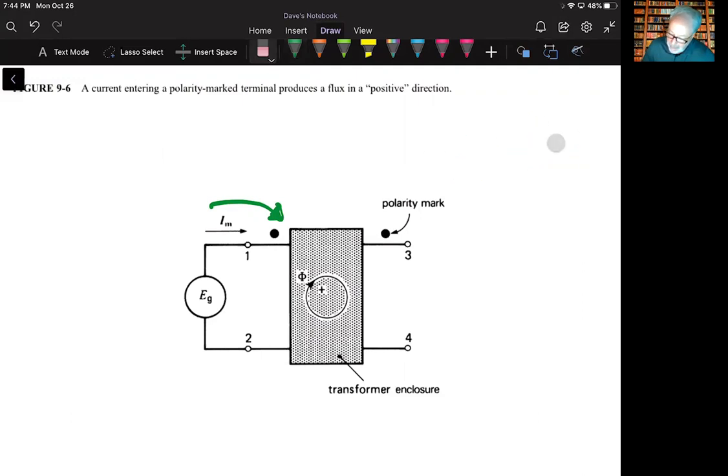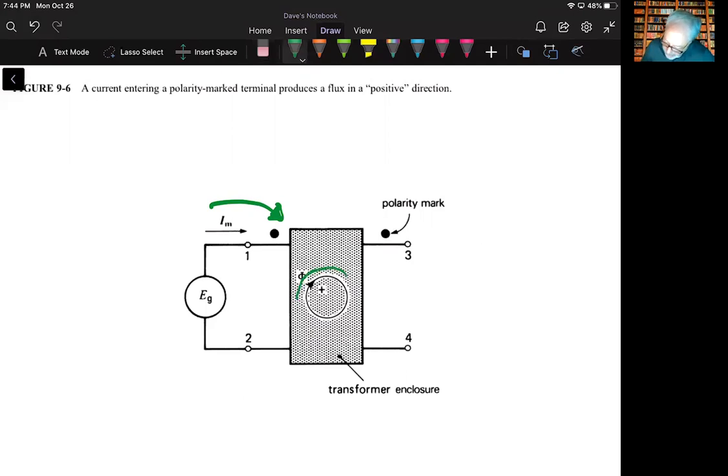But again, if the current comes into a polarity mark terminal, it forms a positive flux that has a direction as such.